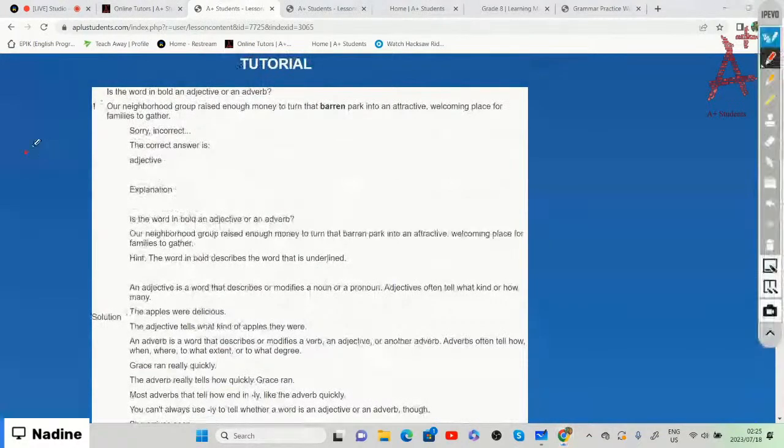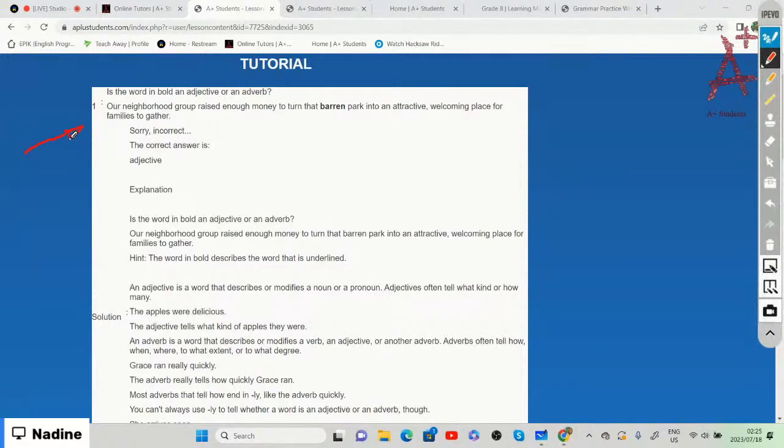All right, so now let's look at the sentence. It says, is the word in bold an adjective or an adverb? So we need to choose. Our neighborhood group raised enough money to turn that barren park into an attractive, welcoming place for families to gather.